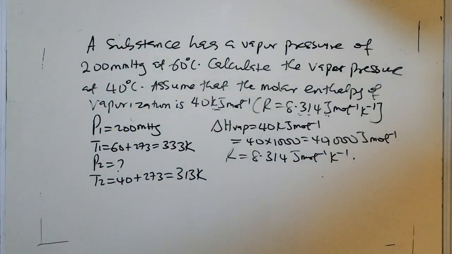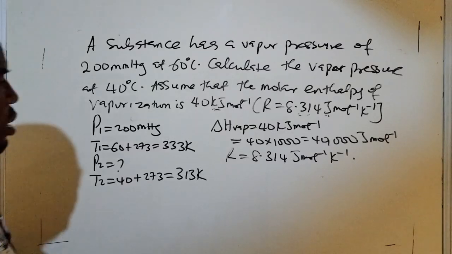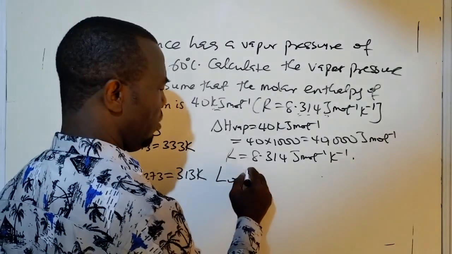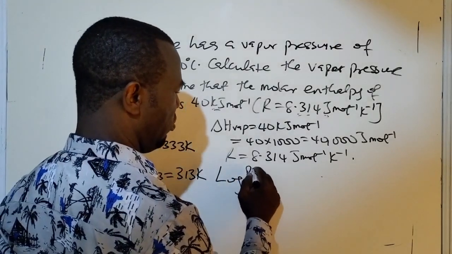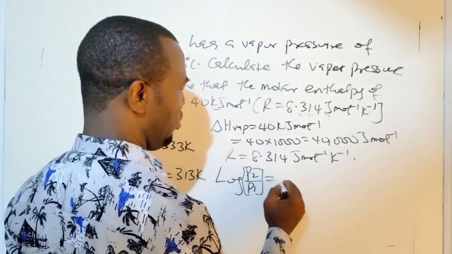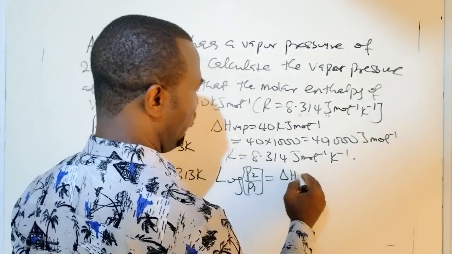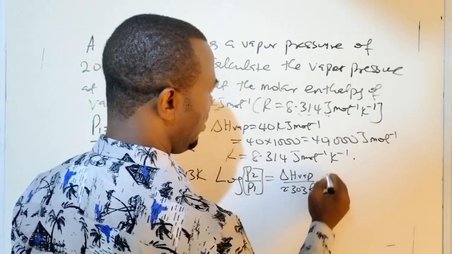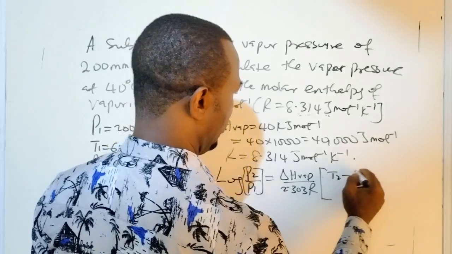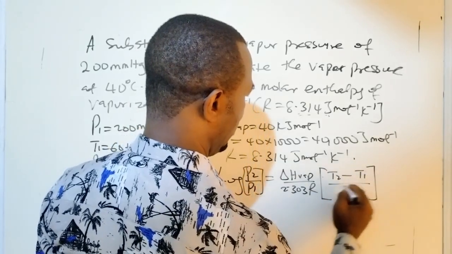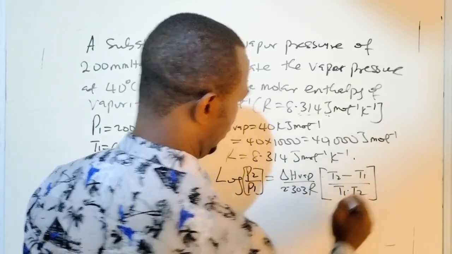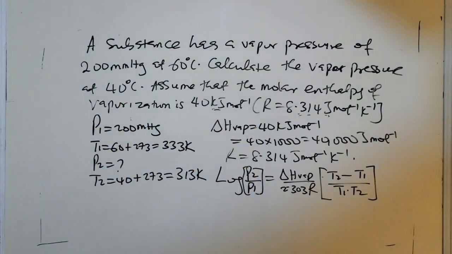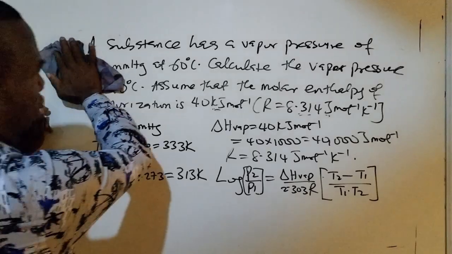So having done that, we'll put our Clausius-Clapeyron equation that says log of P2 over P1 equals delta H VAP all over 2.303 R, into T2 minus T1, all over T1 multiplied by T2. So we can now use this equation to solve this problem.